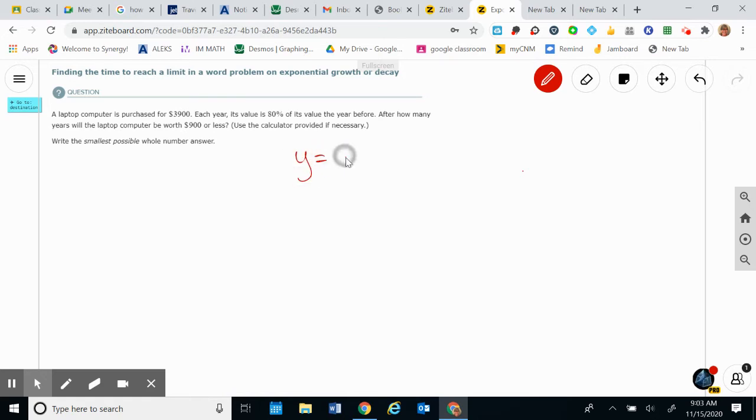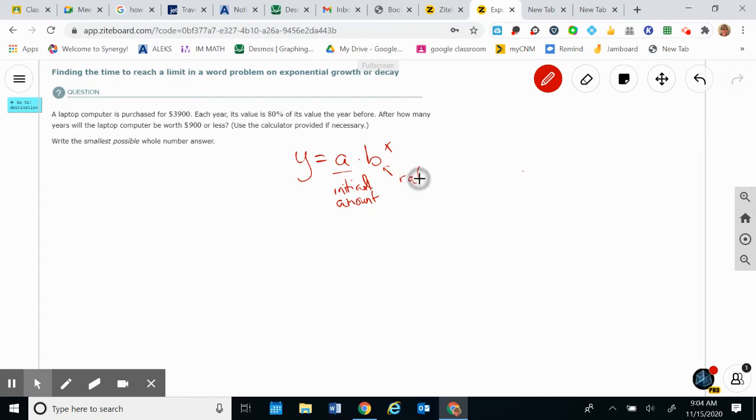Y is equal to the initial amount times b to the x. The way it works typically is this is your initial amount. B is going to be your rate.